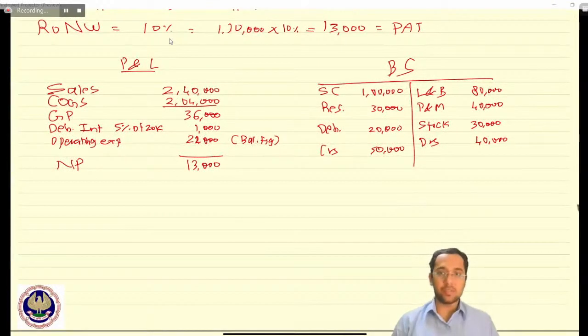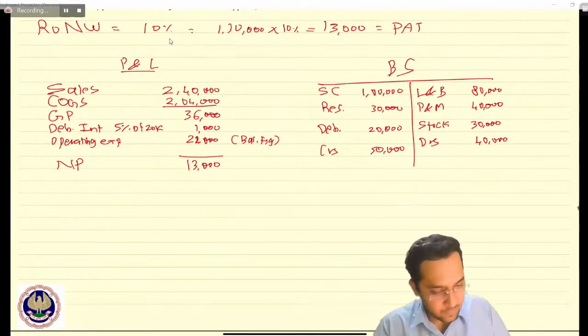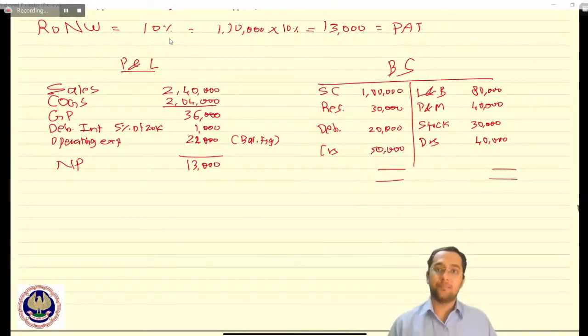Got all these numbers, and the only thing now to observe is it's not getting tallied. What will be the value of, I can say, the amount they won't be getting tallied? Why debenture interest is shown separately?